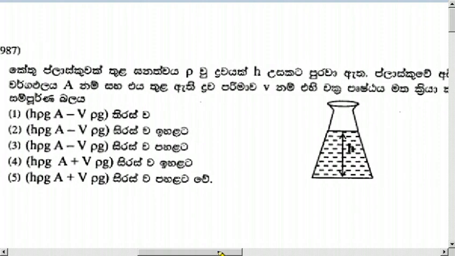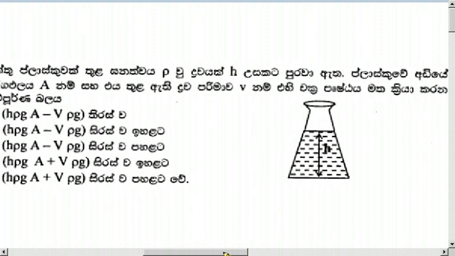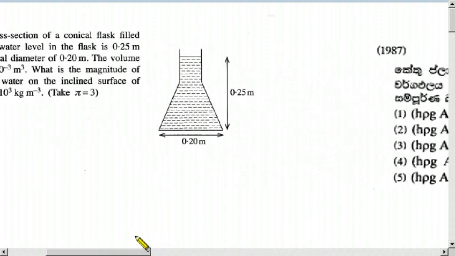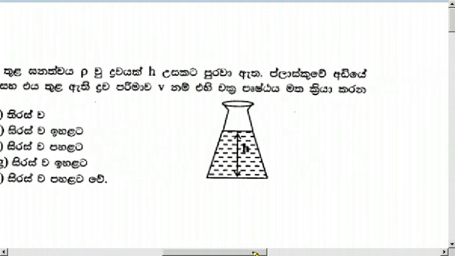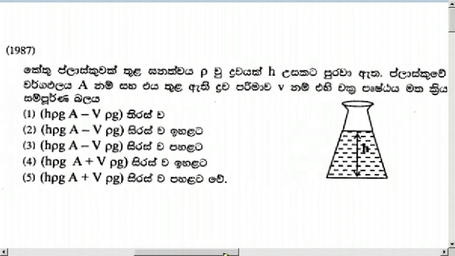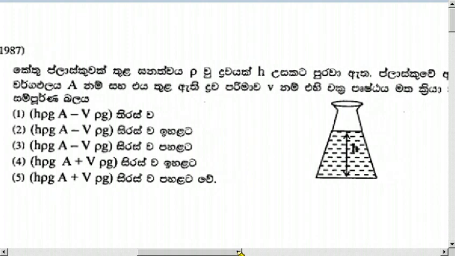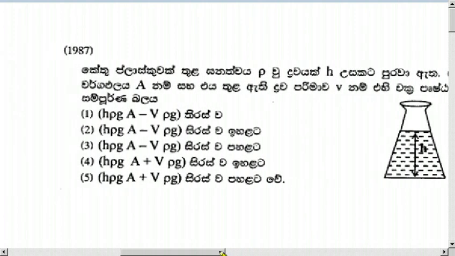So I have the Sinhala medium paper. You can understand the height H is given, rho density is given, cross-sectional area is given, but instead of that in this question they have given the diameter. So you see, in 1987 the same type of question has been given.